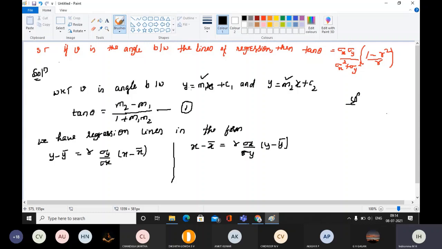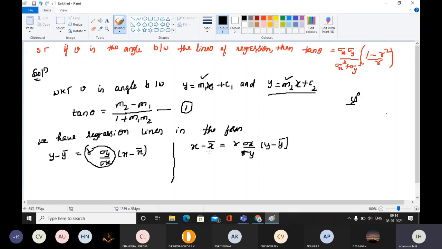Since we have written the formula for tan theta, if m1 and m2 are the slopes of the lines y is equal to m1x plus c1 and y is equal to m2x plus c2. Now this first one is in the y is equal to mx plus c form, so it is m1. The y-intercept is 0 here. Now we have to convert the second regression line also into y is equal to mx plus c form.